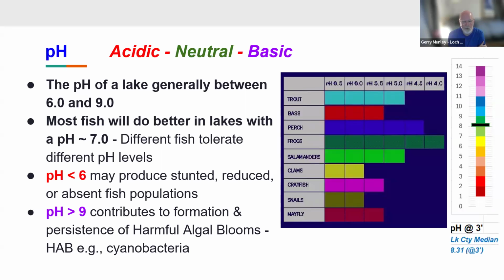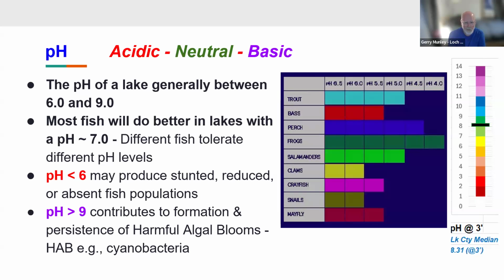So fish do well in the neutral area. But if you go below 6, then you start to produce stunted, reduced, or absent fish populations. If you go over 9, there's an increase of HABs, the harmful algal blooms, because of cyanobacteria being more prevalent at that point.